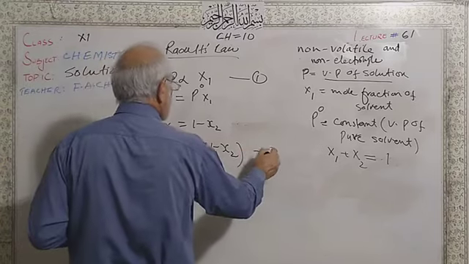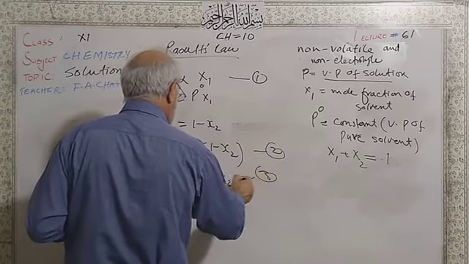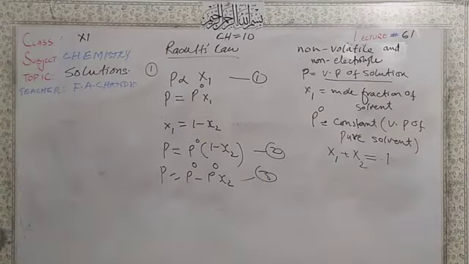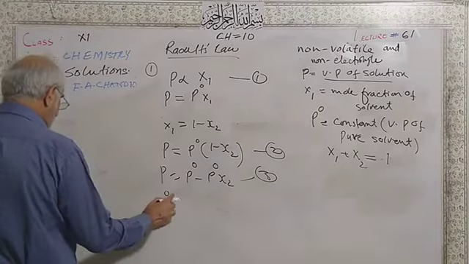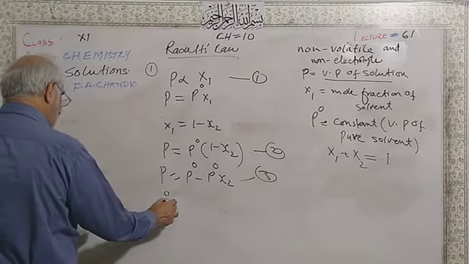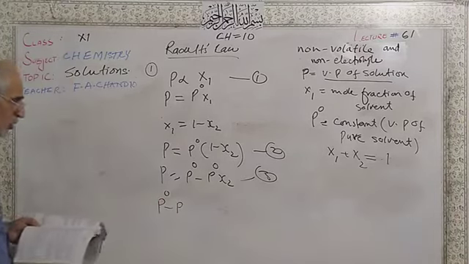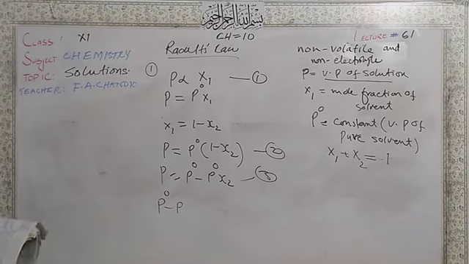This is equation number 2 and this is equation number 3. P is equal to P naught minus P naught X2. So P naught, the vapor pressure of pure solvent, is greater than P, the vapor pressure of the solution. When you add solute to solvent to make a solution, vapor pressure is going to decrease.